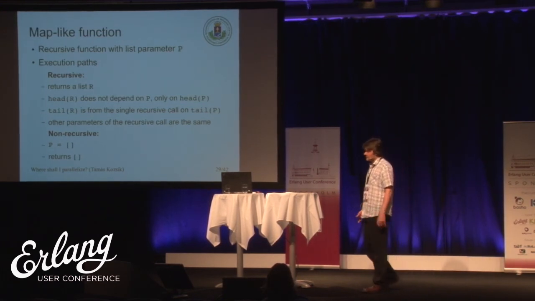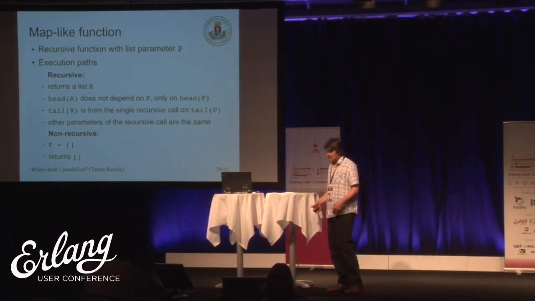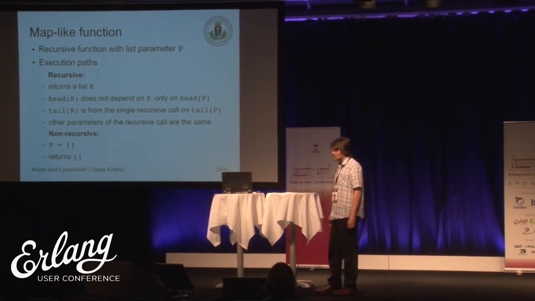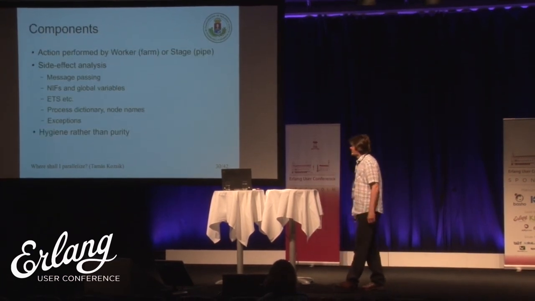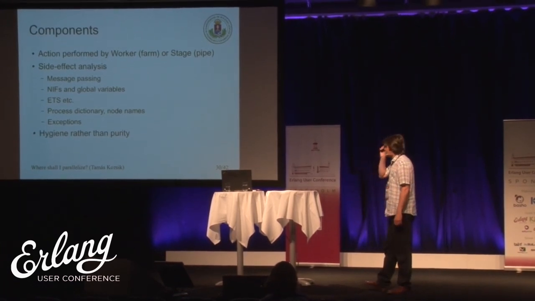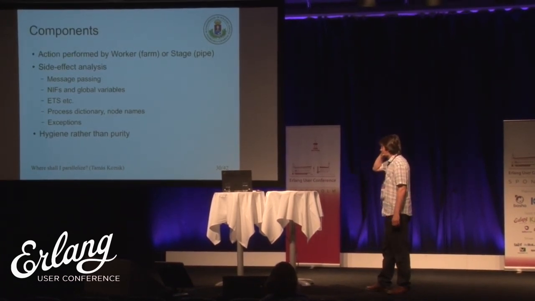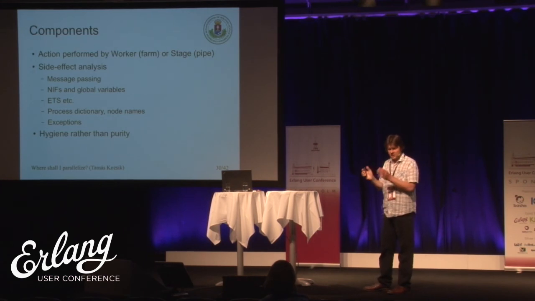So if, using our analysis, we can identify these map-like functions, we can turn them again into a map and then into a task form. One important concept here is the concept of components. A component is something that is done by a stage of a pipeline or done by a worker of a task form.